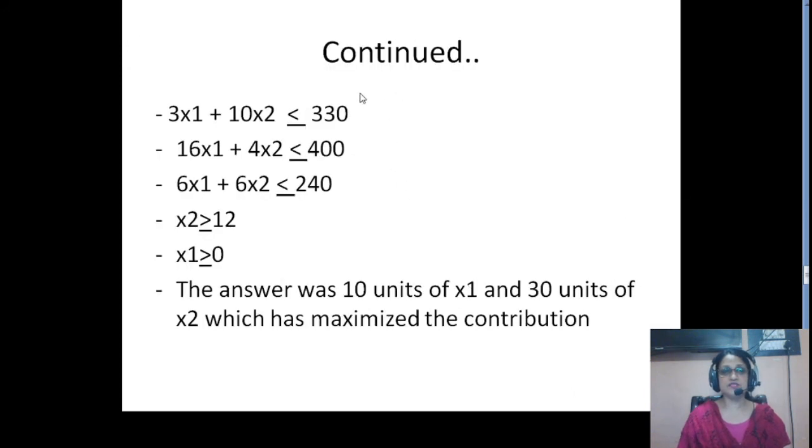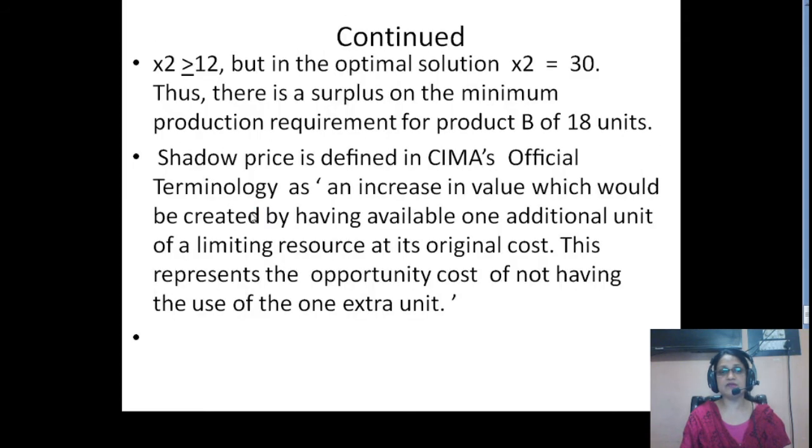So here we see in all these situations we may face slack, because here we don't have any slack, here we don't have any slack, but in case of raw material B, we have slack of 120 units, right? But here we have x2, this is a greater than or equal to inequality. So here we'll be having surplus. This is what I have explained. So students, I hope you are clear with slack and surplus, right?